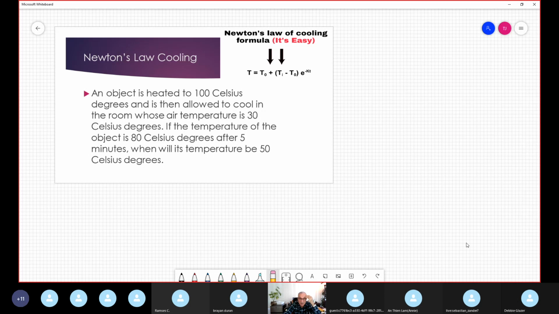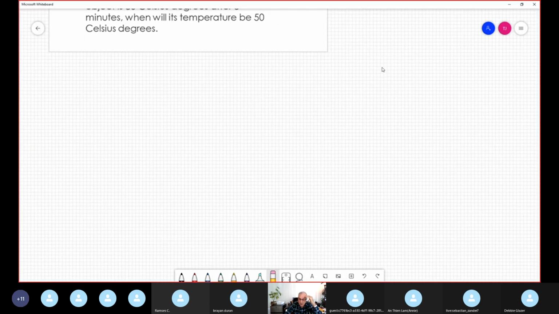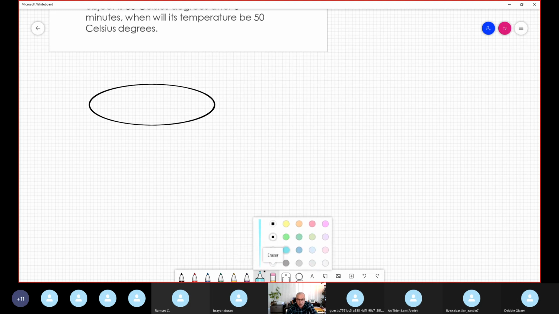There are infinite possibilities for the application of the logarithm of the exponential. Okay, what about this Newton's law of cooling? I want to explain the formula and the idea behind this. Suppose we have a pizza hut. Okay, this is the cheese.